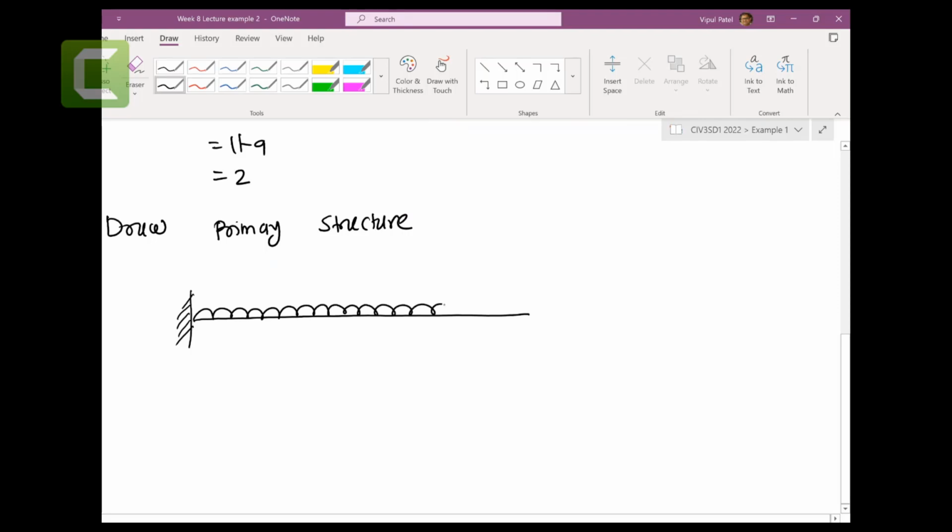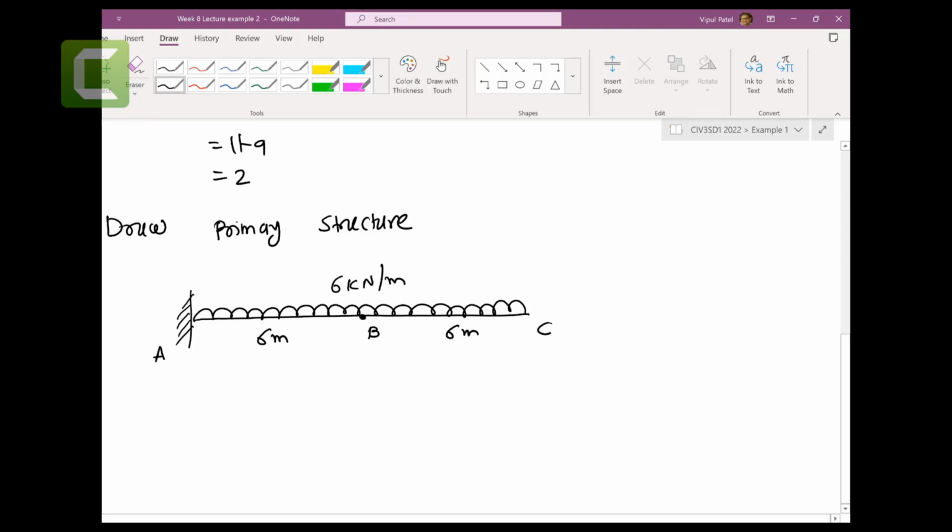This is your primary structure because you need to remove 2, and that is 6 kilonewton per meter. And the total length is, let's say there is an additional point. Let's put the additional points A, B and C. There is 6 meters here, 6 meters here.